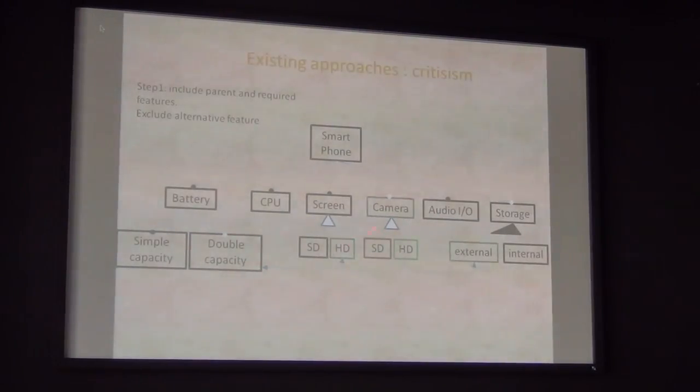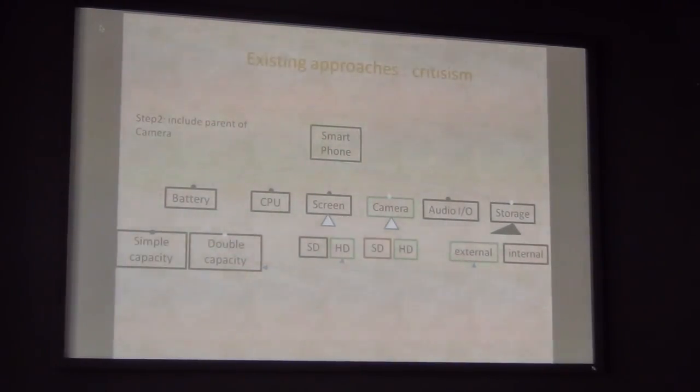We deselect SD because it's exclusive with HD. We select HD because it's required. We select external because it's also required. Okay, so this is the first step. The second step is that since we have selected camera, we need to select its parent also. So we select smartphone.